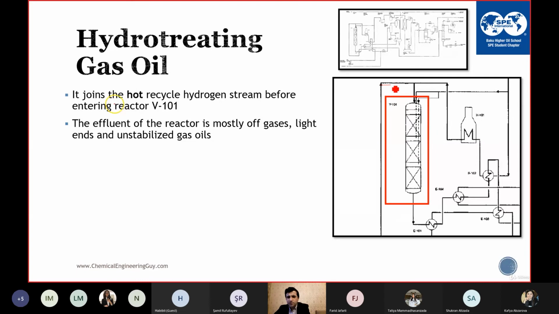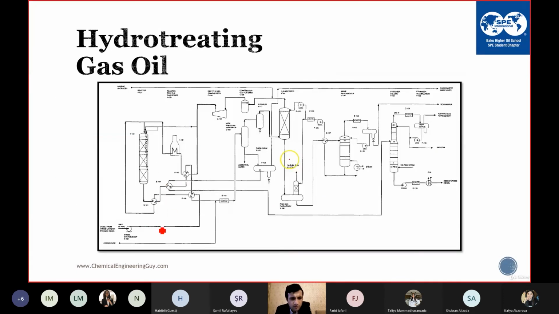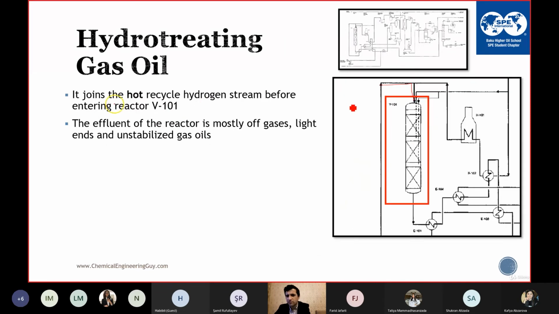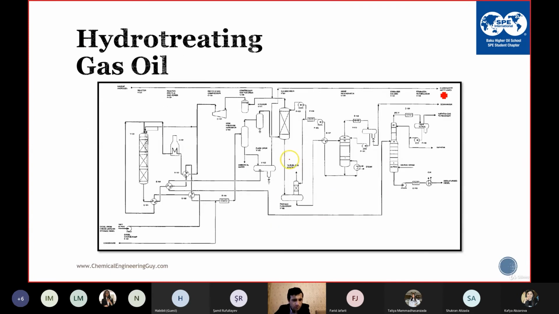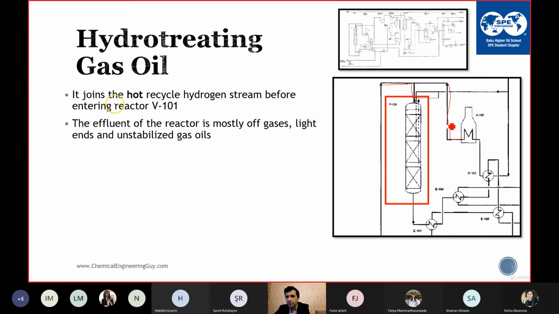The feed mixes with the hydrogen. There is actually something wrong in this scheme, because the feed should come from here, from the heater, because we want to heat it to around 400 degrees Celsius, and then this should be the hydrogen.